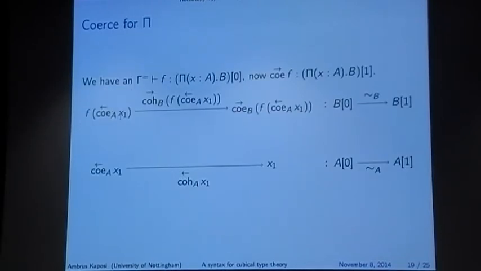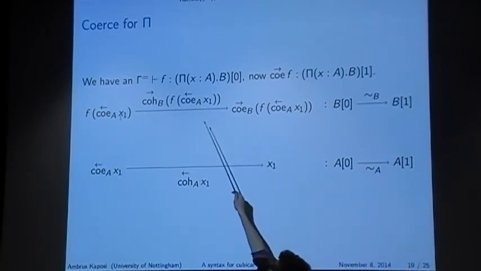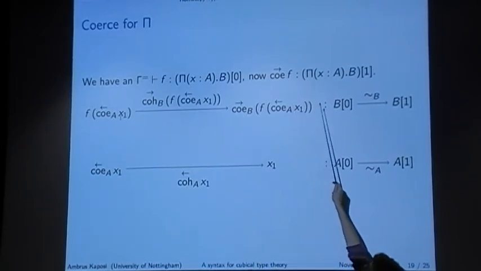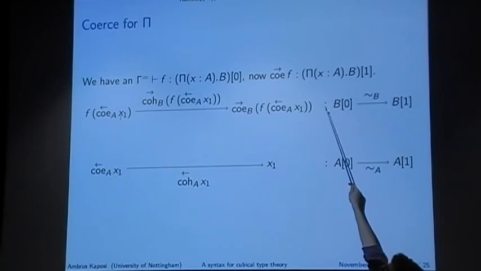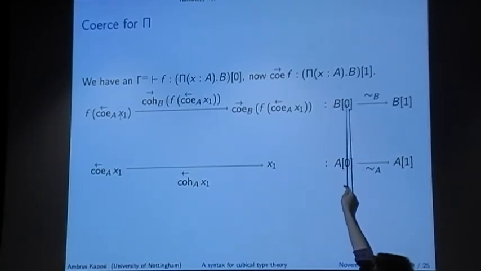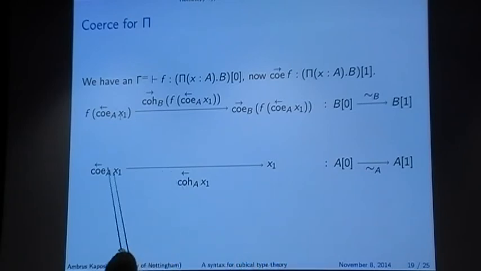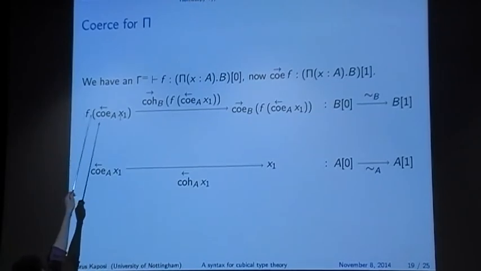Okay, and another example, the coerce for pi works like this. I have a function which is pi x in A B0, and I need to provide a coerce function, a coerce of this f, which lives in pi x in A B1. So what I do is I first take the argument, which is in A1, and coerce it back into A0, and then I will be able to apply the function.